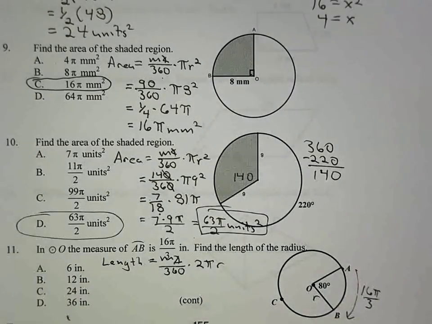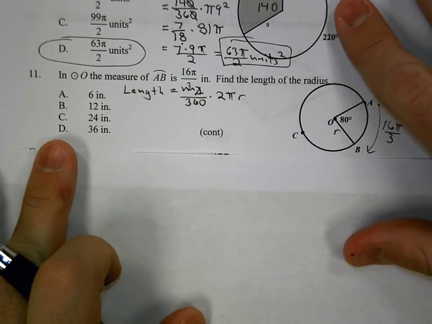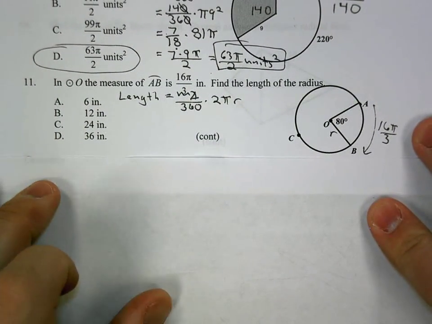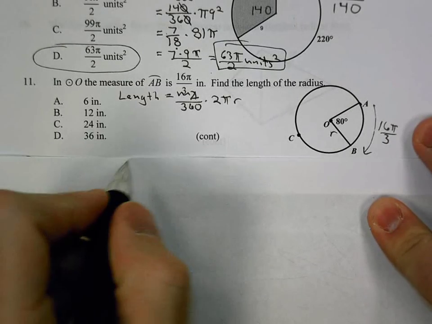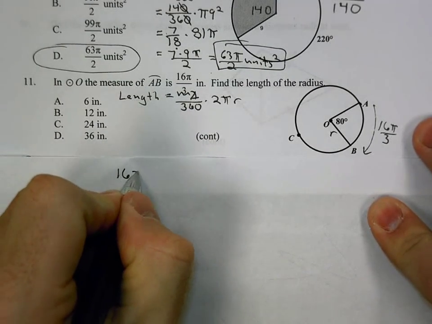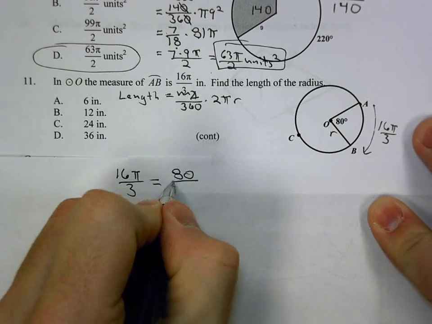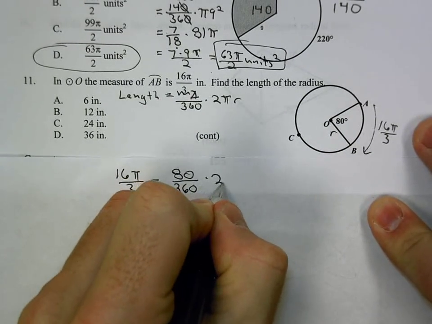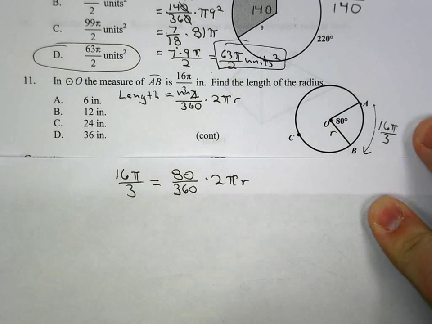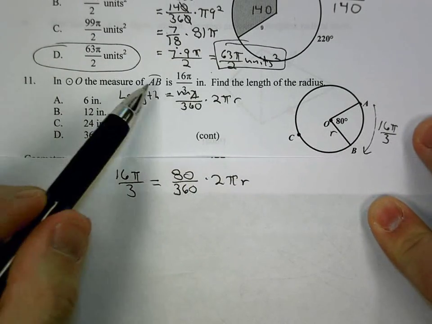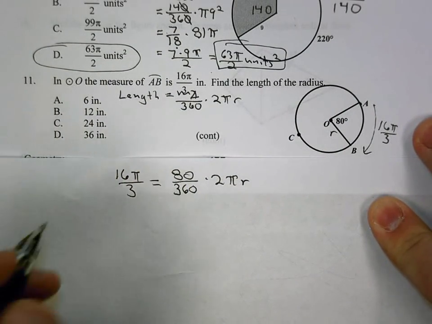An extra paper here, we're out of space. So our length, we said, is 16 pi over 3. The angle is 80 over 360 times 2 pi r. The nice thing is this is in terms of pi. We don't have a decimal here, so it's going to be a little nicer to clean up.